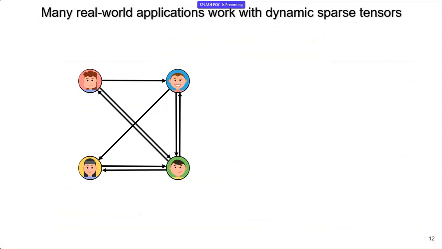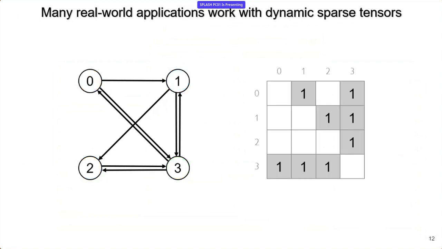If you are friends, there's an edge, and each person is a node in this graph. Abstractly, you can represent this as an adjacency matrix. And while there are billions of people in the world, I only have a few hundred friends, so it's a very sparse matrix. It's very nice to use a sparse representation, but there's a small problem that I'm going to explain.